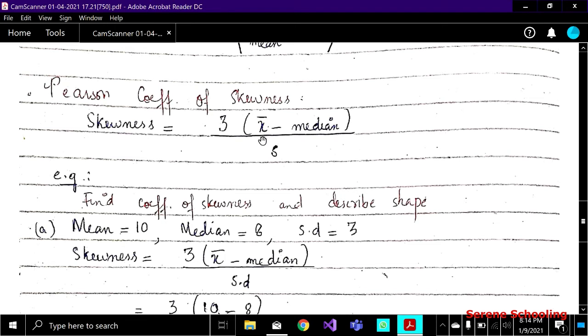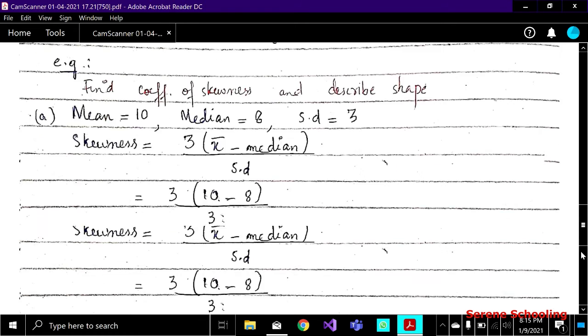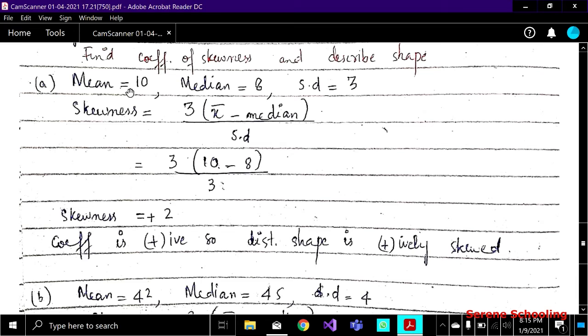The formula for finding the skewness is 3 into mean minus median over standard deviation. Now see the example. We are given the mean, median and standard deviation, and we have to find the skewness of these values.